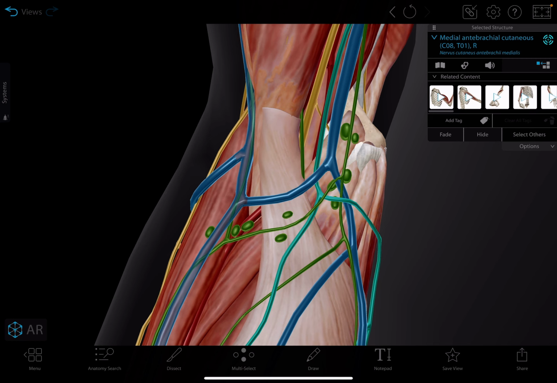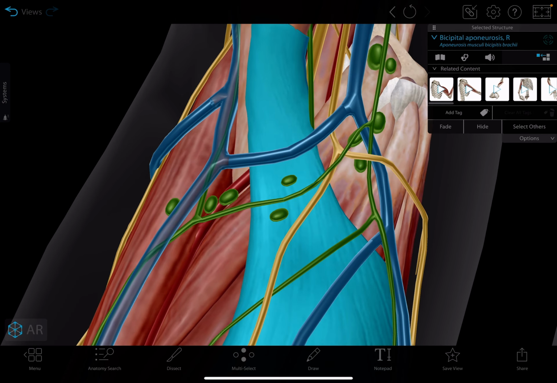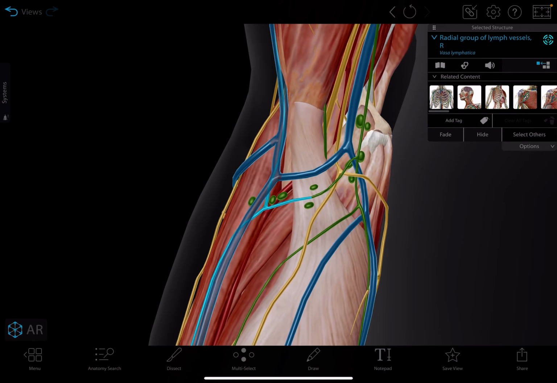On the roof we also find the bicipital aponeurosis, which separates the contents of the roof from the contents of the cubital fossa, basically the brachial artery. We also have some lymphatics there, in green color, together with the lymph nodes.